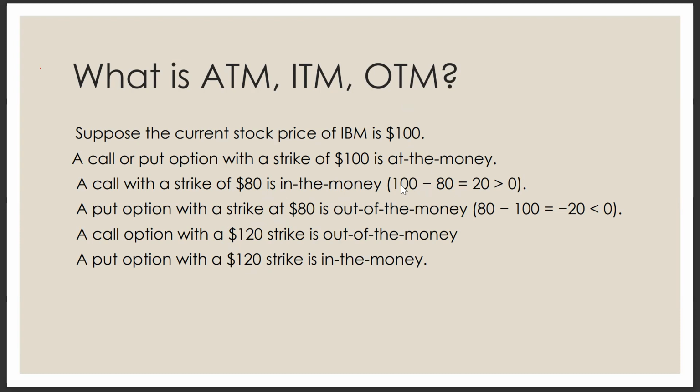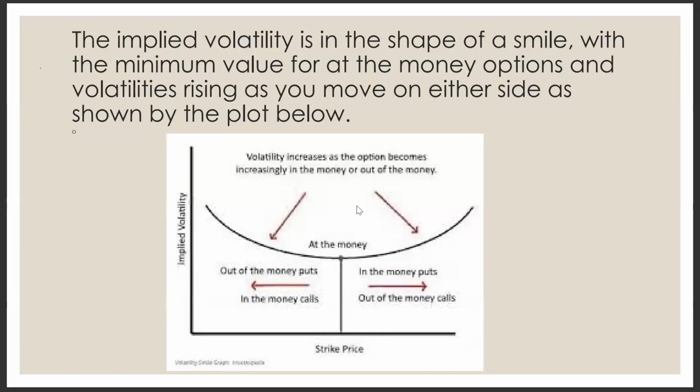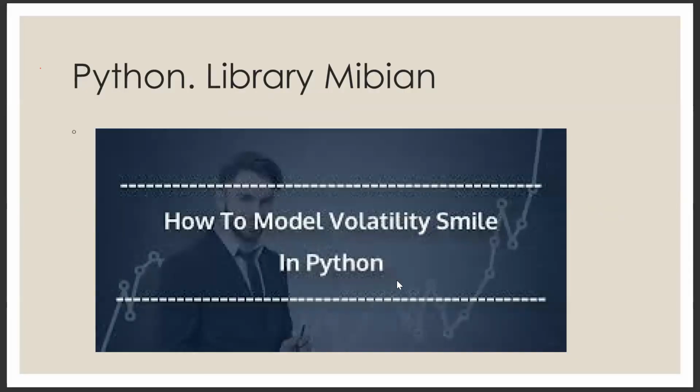So if we find the difference between 100 and 120, it will be negative for the call option, so the call option is out of the money, but the put option is in the money, because in this case the payoff function is positive. Okay, so now you understand when it is rising: in the money for put option, out of the money for call option.